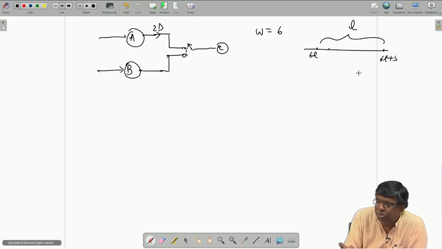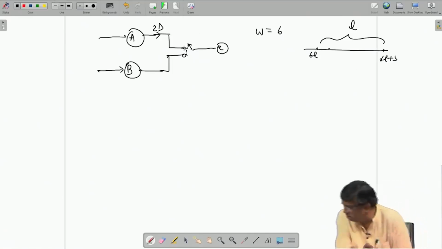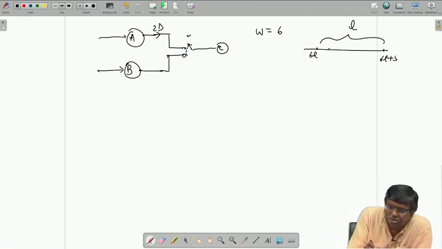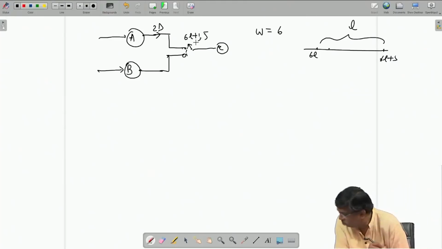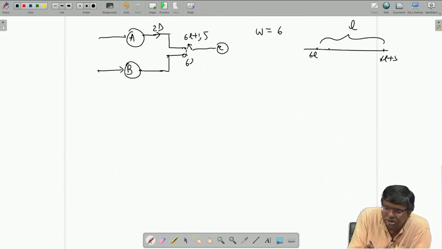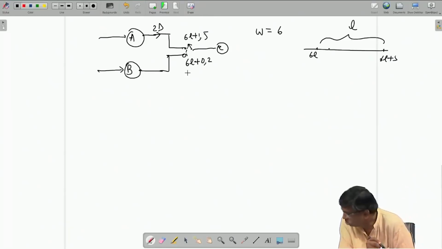So, out of these bit points, this will be closing at 6L plus 1 and 5. And the other side will be closing at the other indices 6L plus 0, 2, 3, 4.